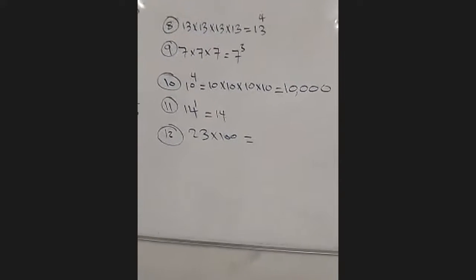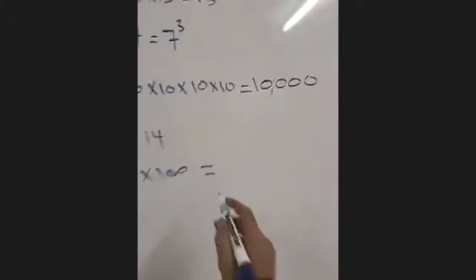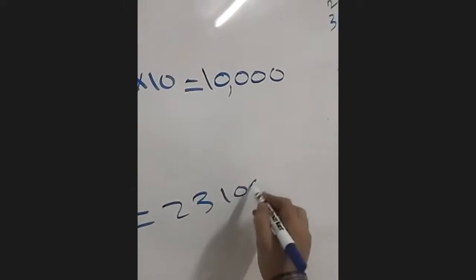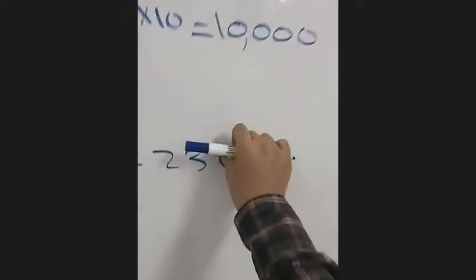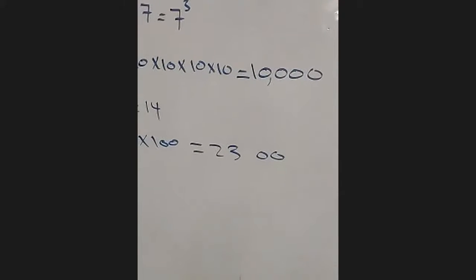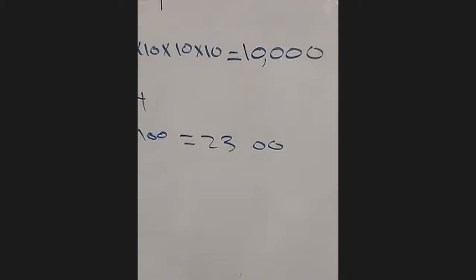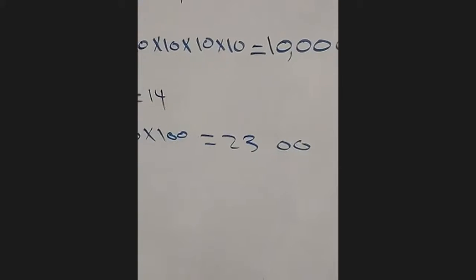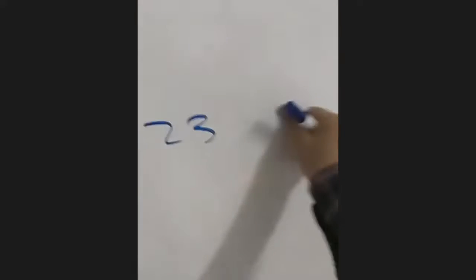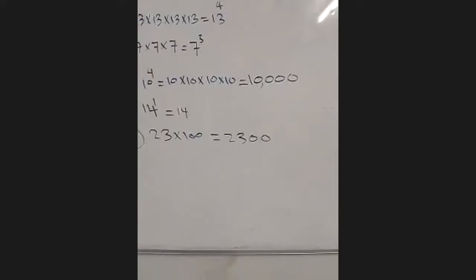2300? This is the answer? So we read it 2300. How do we read the number? What's this number?